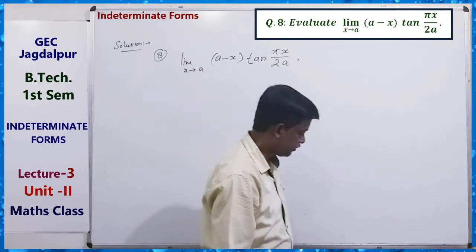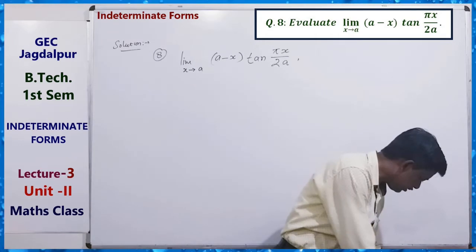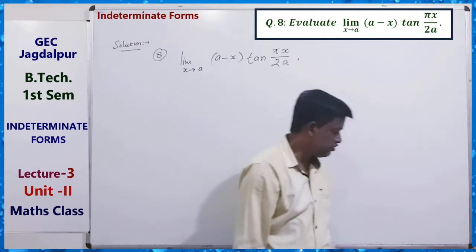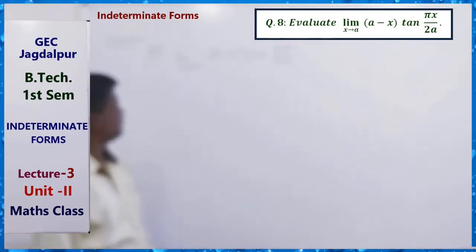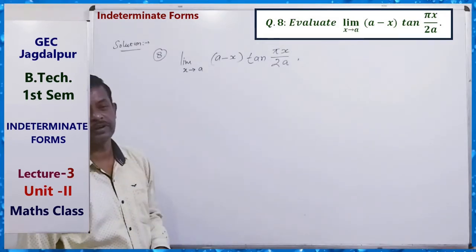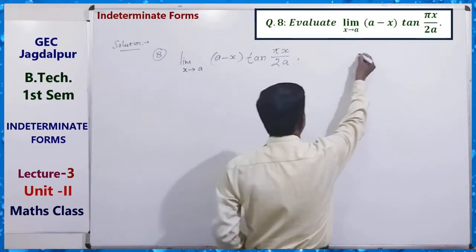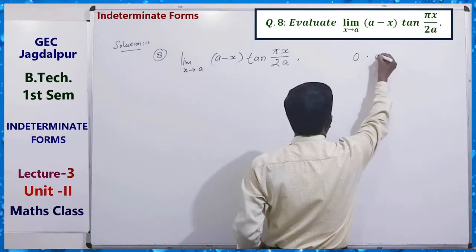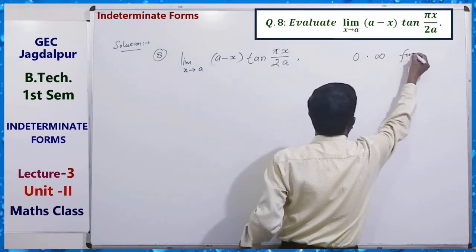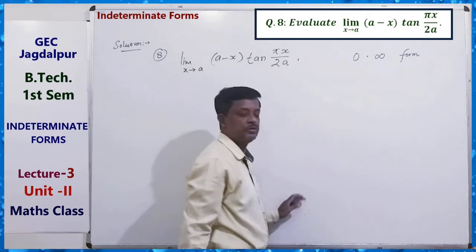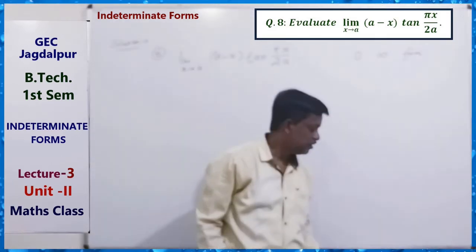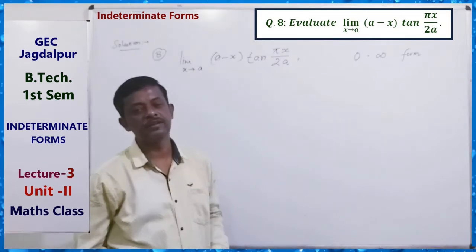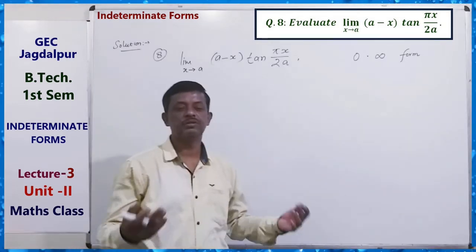Clear? So how can we write it in this format? What is the format? 0 into infinity form. So it can be written in which form? Either infinity by infinity form or 0 by 0 form.